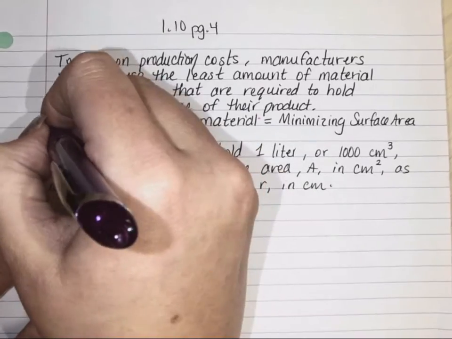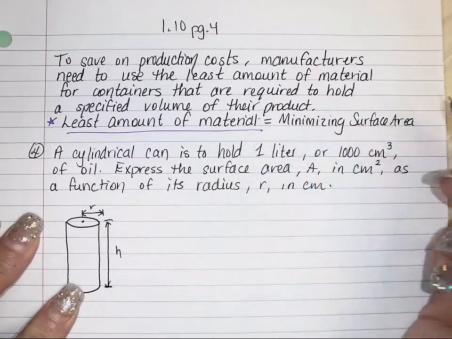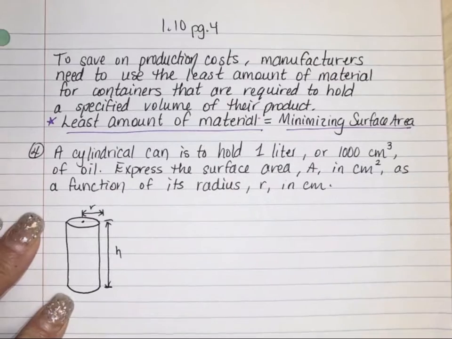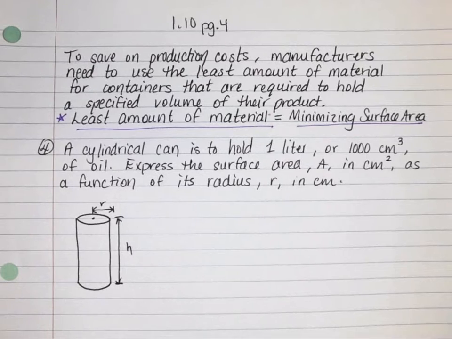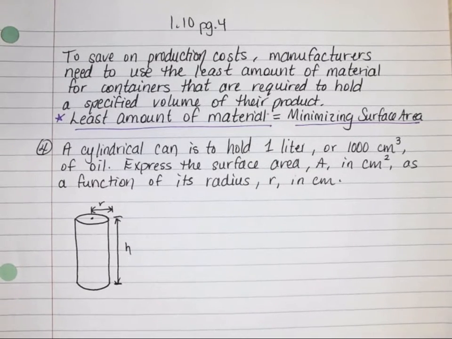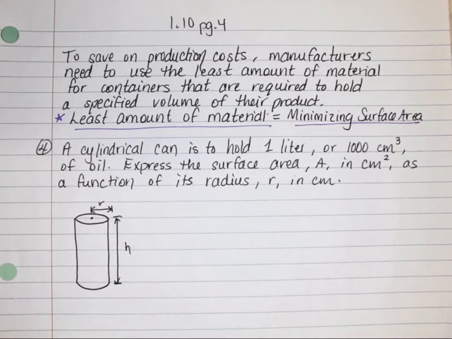The least amount of material comes from minimizing your surface area, and you will study about this a lot in calculus. So if you're planning on going into a mathematical track in college or in the calculus next year, and of course then beyond mathematically, you definitely need to pay attention to everything that we talk about in this lesson because it's incorporated a lot.